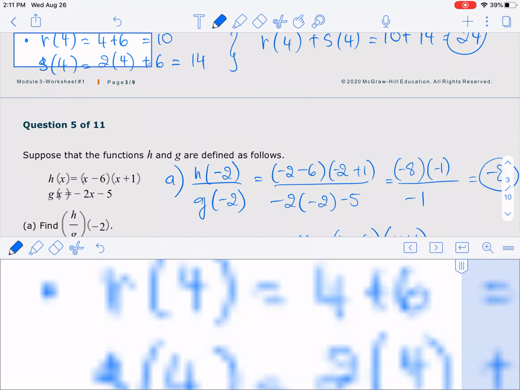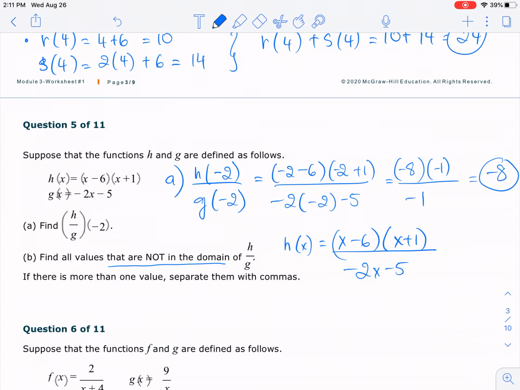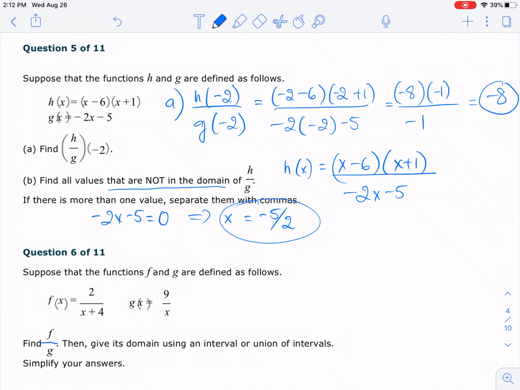So when negative 2x minus 5 equals 0, that's when we have the problem. So negative 2x minus 5 equals 0 gives you x equals negative 5/2. You do not want this point. Otherwise, the function is going to be undefined because you have 0 on the bottom. So every time you talk about fractions, you have to be careful with 0 in the denominator.